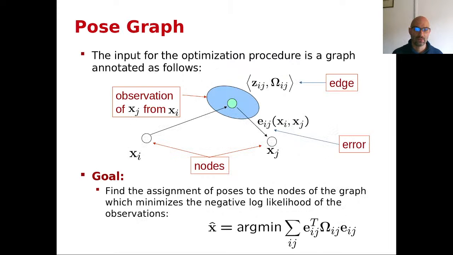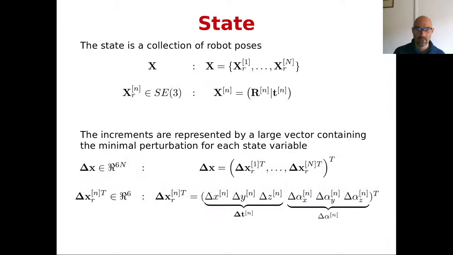Now, this is our soup, right? This is what we can do, and that's therefore what we will be doing. Now, let's approach it with the least squares methodology. Now we have a problem where the state consists of SE2, SE3 objects.